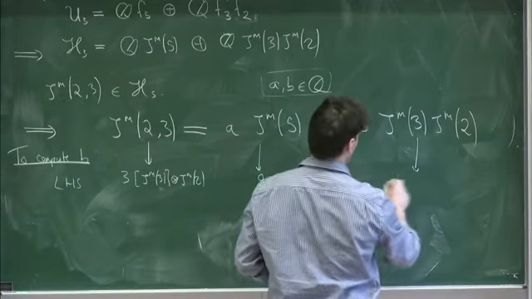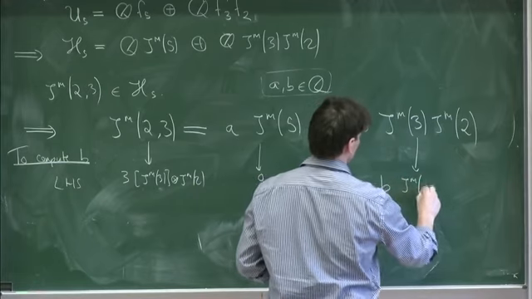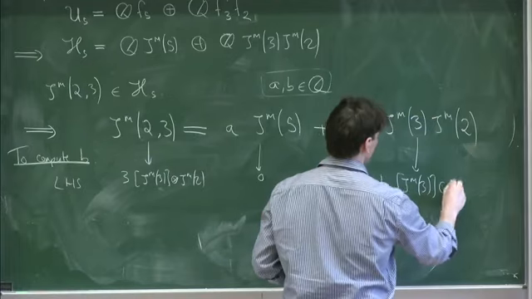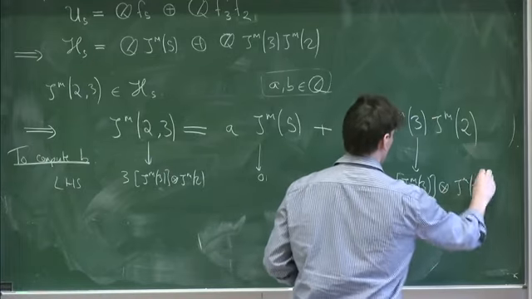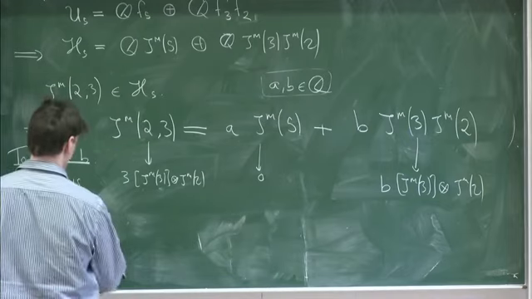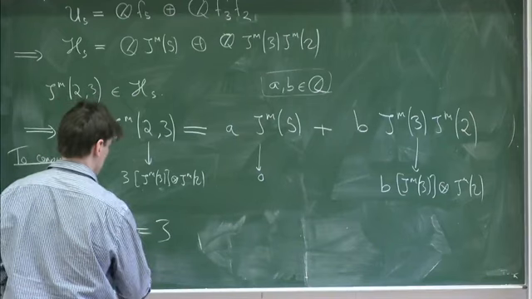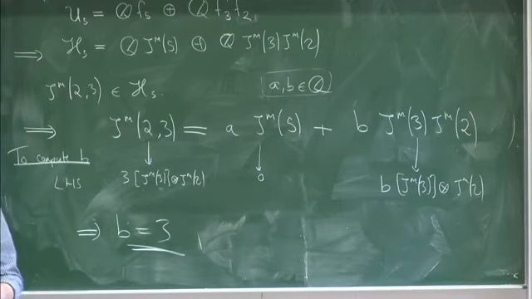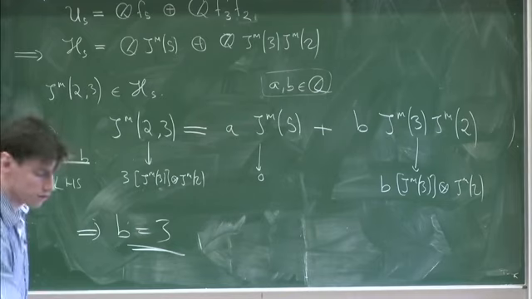And this gives me, because it's a homomorphism for multiplication, this. So obviously this implies that B equals 3. I hope that's not too confusing.